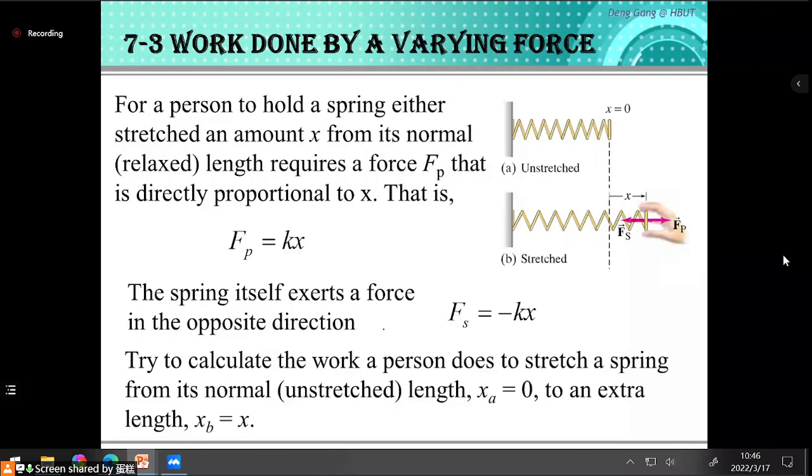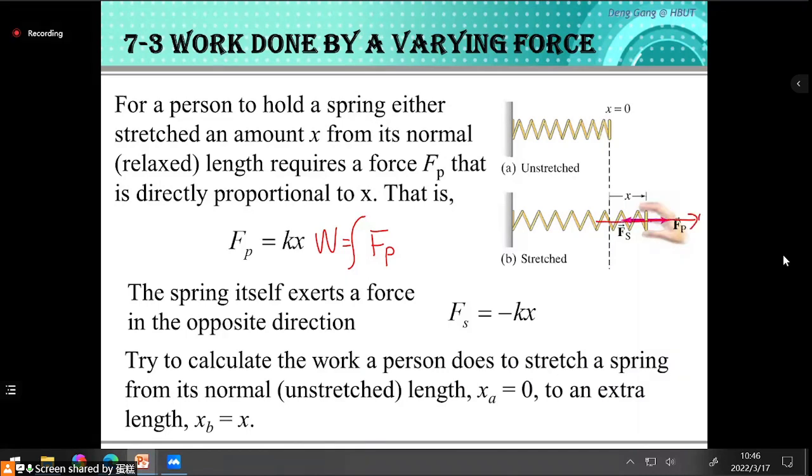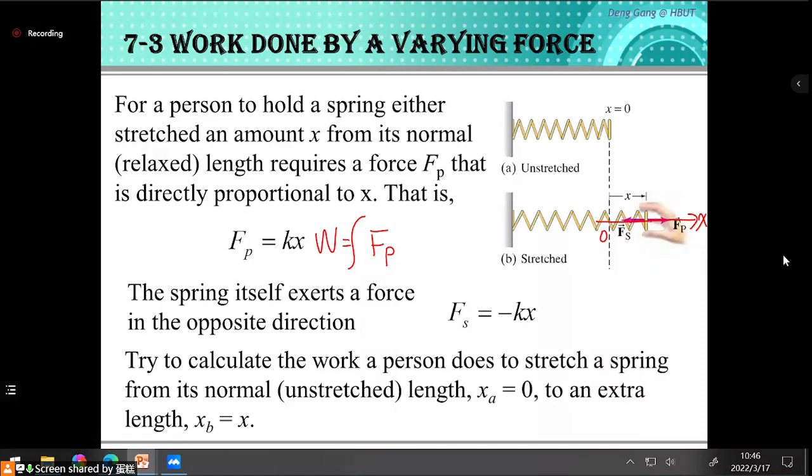According to the equations, the work should be equal to the integral of Fp dx. Okay, you can see in this picture, we choose this to be x, and this is 0. Fp and dx are in the same direction because it's stretched, right?